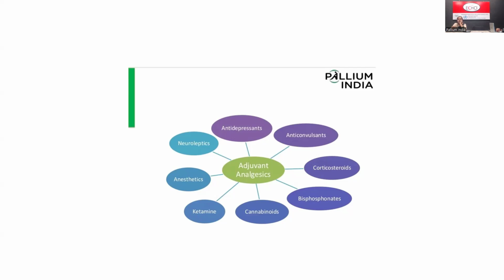And if the patient is having some neuropathy component, what you can do? You can add some antidepressants like amitriptyline in the lower dose, or anticonvulsant you can give like pregabalin, or gabapentin is being prescribed for pain management.